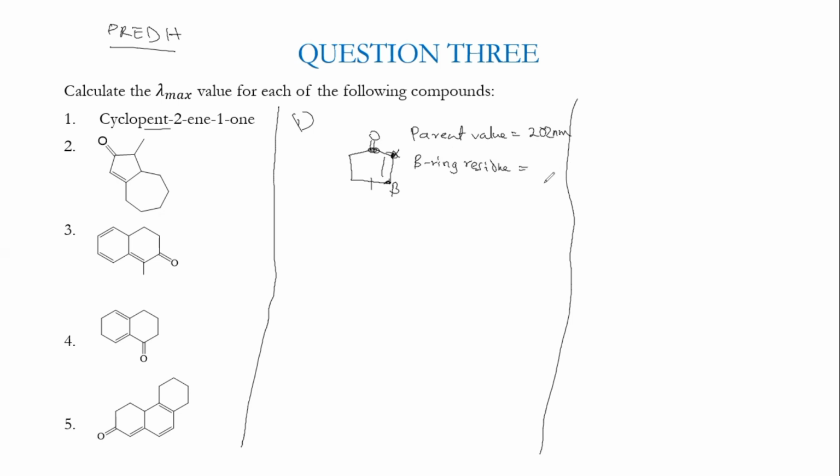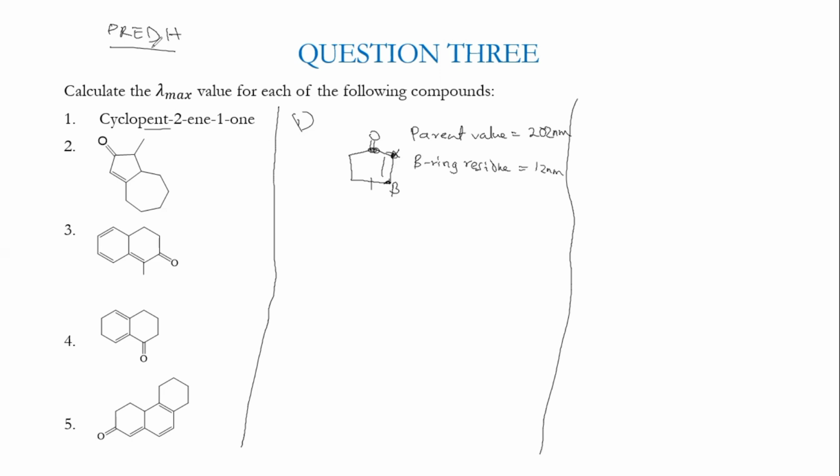And so that's going to be what? What's the value for that? That is 12 nanometers. So do we have an isocyclic? Of course, this double bond is an alkenone, so you will not count it as an honorary double bond. So you're not going to make it an isocyclic double bond.